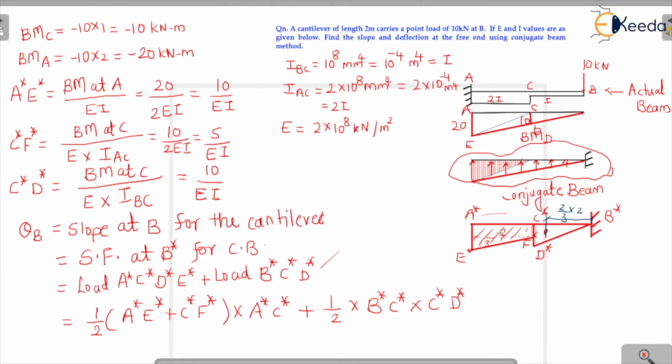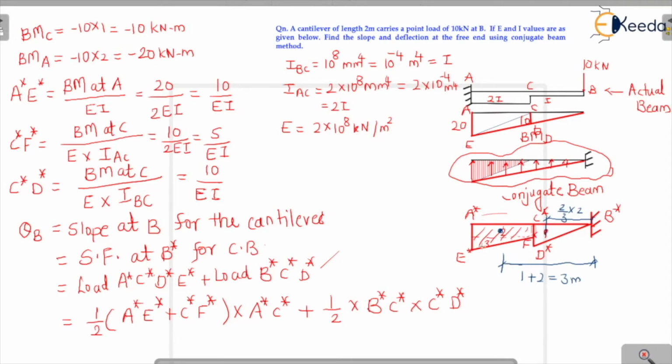Now what will be the CG distance for the rectangle? This much. The whole length is 2 meter and half of it, so it will be 1 plus 2, that is 3 meter, the CG distance for the rectangle.